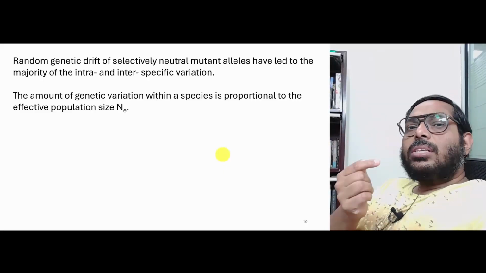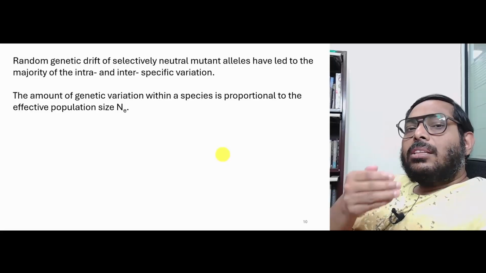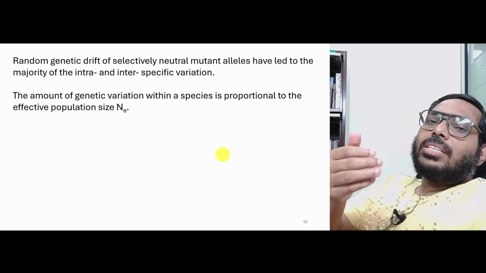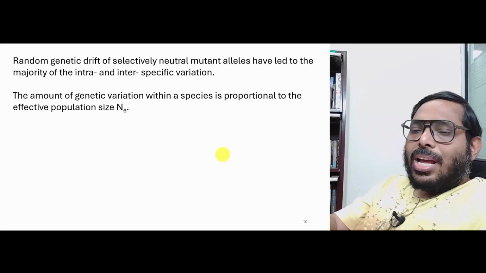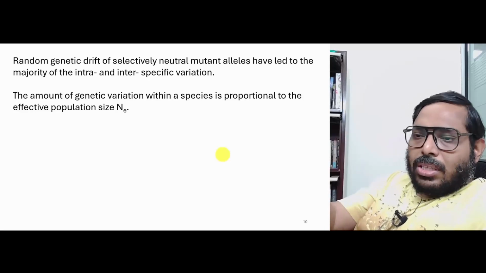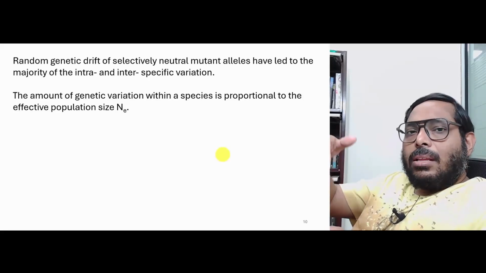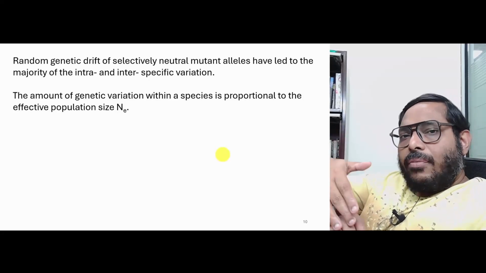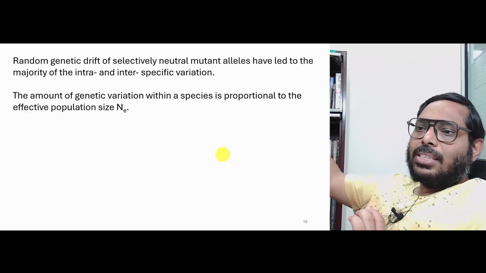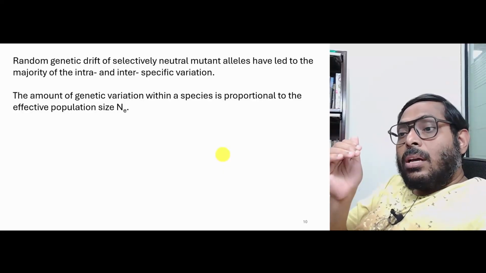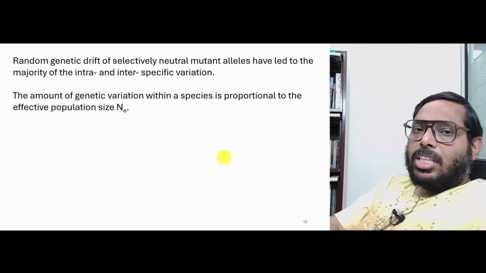So, obviously, the smaller the effective size, the lower is going to be the genetic variation that is present due to neutral alleles in the population, which is another way of saying that if the effective population size is high, that is when the amount of genetic variation in the population will be higher.